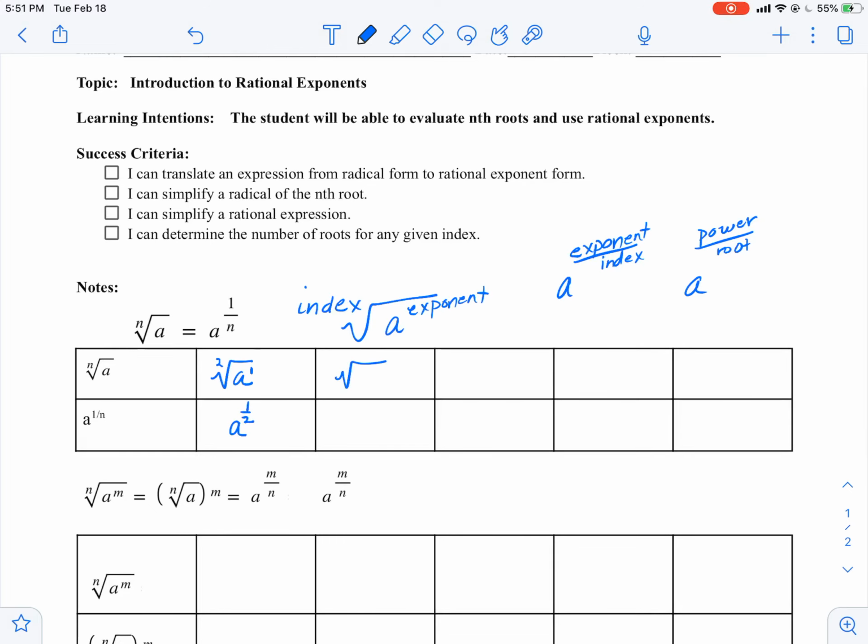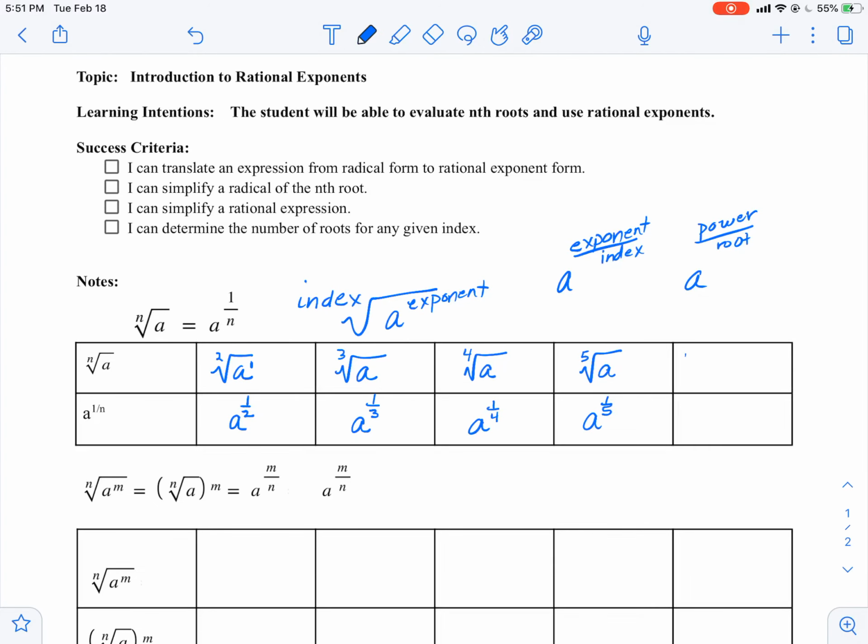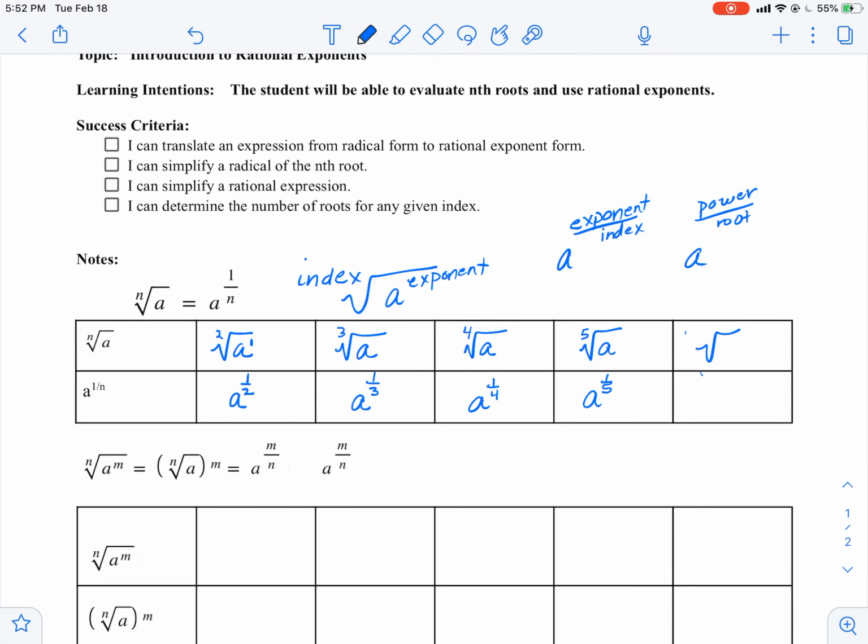If I have the cube root of a, that would be a to the 1/3. The fourth root of a would be a to the 1/4. The fifth root of a is a to the 1/5, and the sixth root of a would be a to the 1/6.